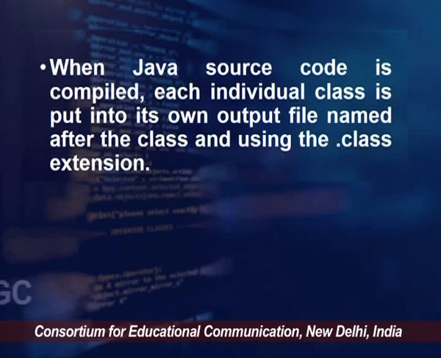For example, the name of the class is example. That is compiled, and the bytecode of that class will be stored in a file example.class. If the name of the class is demo, then corresponding to that demo class there will be a demo.class file.